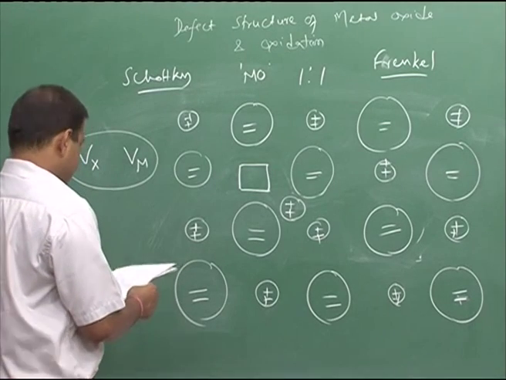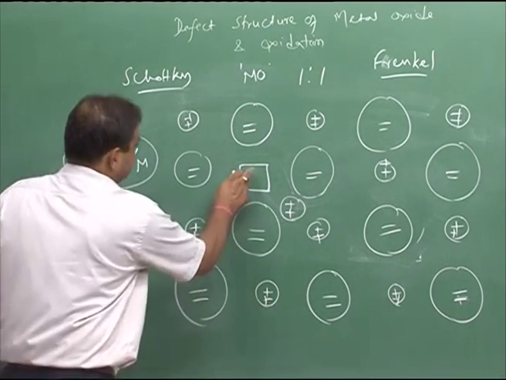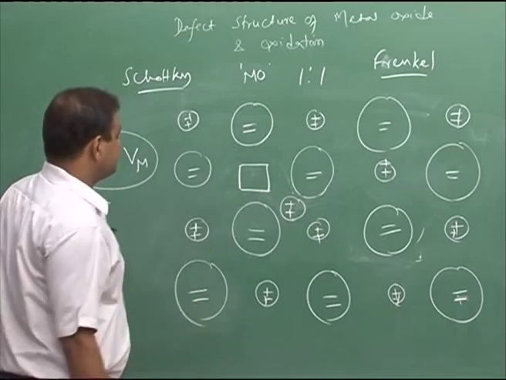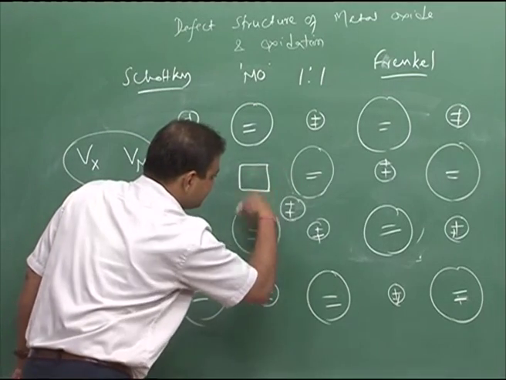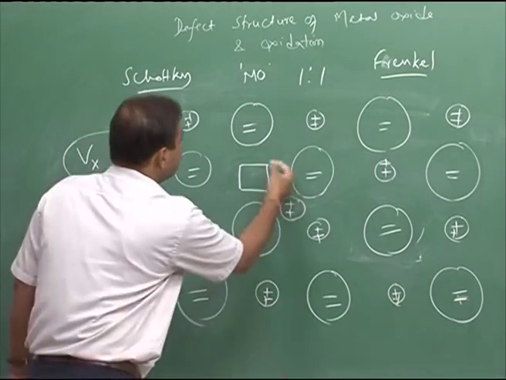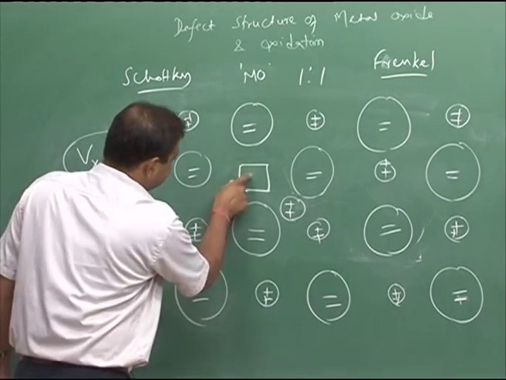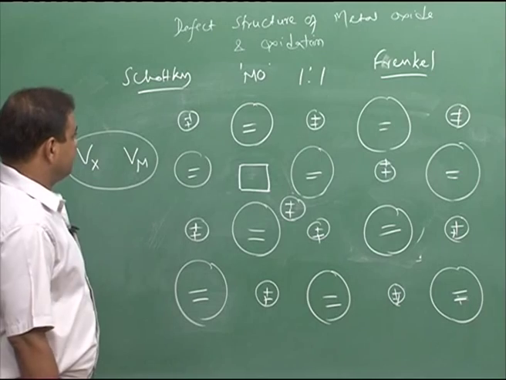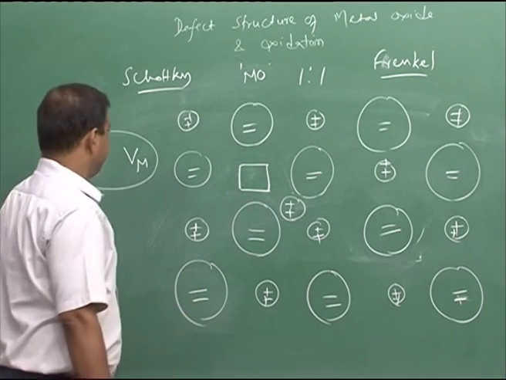So this cation has moved to the interstitial position, which is the interstitial position of all 4 ions, and it leaves a vacant site. So, this is my Frenkel defect.